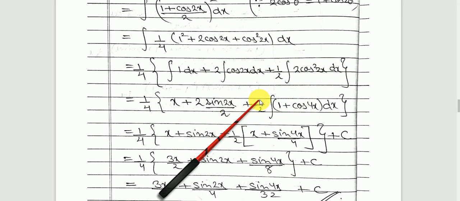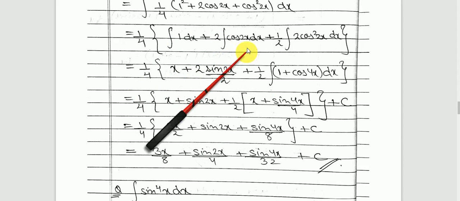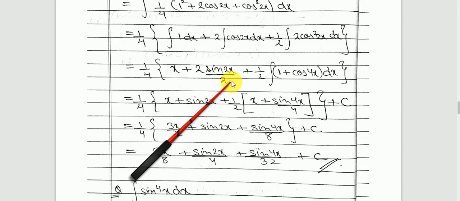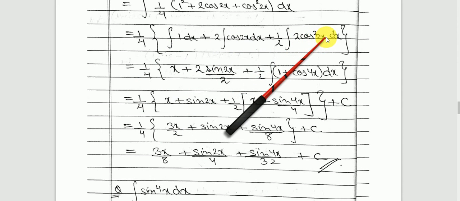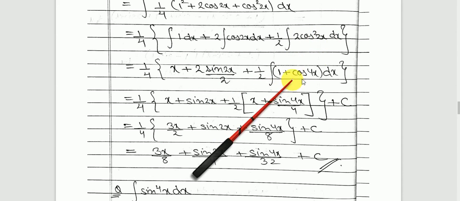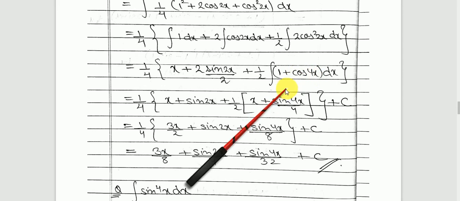In the next step, integration of 1 is x, 2 into integration of cos 2x will be sine 2x upon 2, plus half. Then 2 times cos square 2x can be written as 1 plus cos 2 into 2x, that means 4x. Now here I've got 2 terms and I know the integration of both the terms, so do the integration and you'll get your answer.